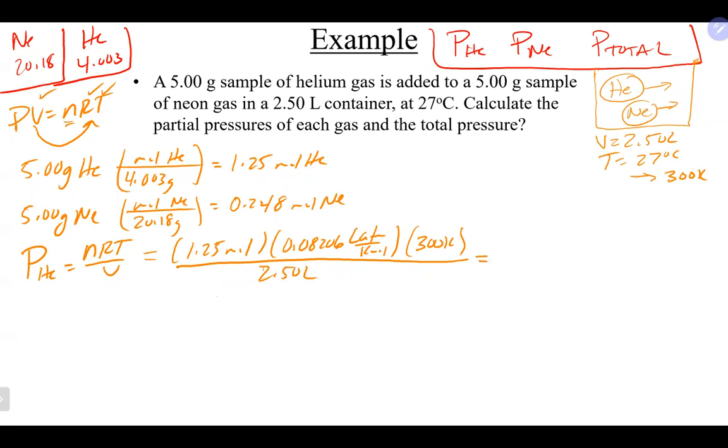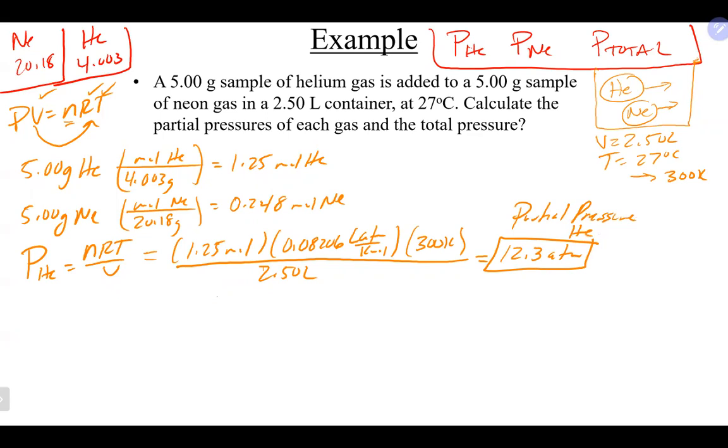That gives us 1.25 times 0.08206 times 300 divided by 2.5. That gets us about 12.3 atmospheres as the partial pressure of helium in this case.